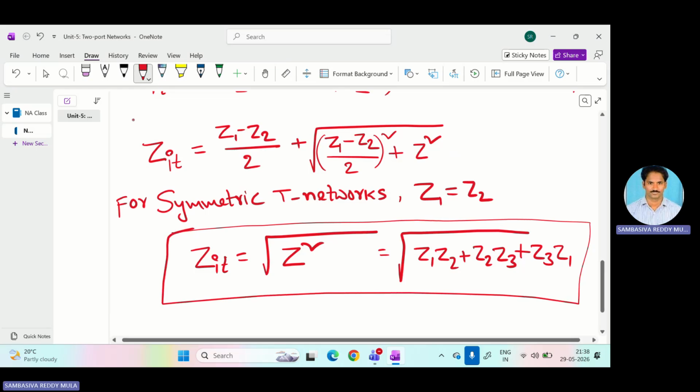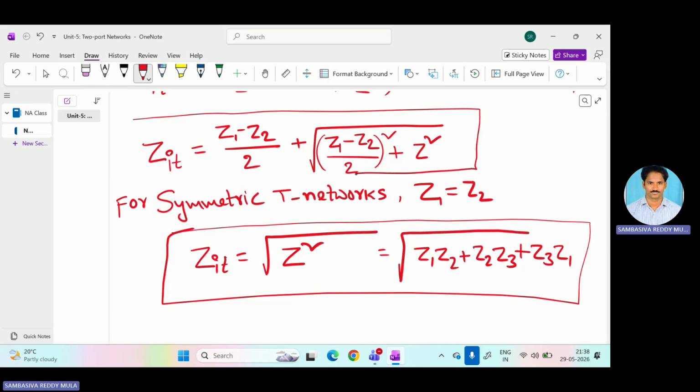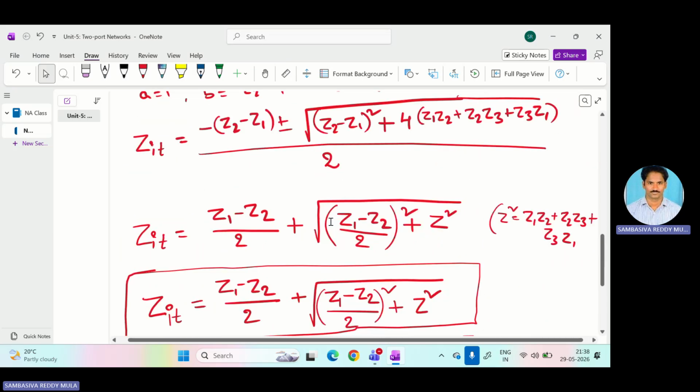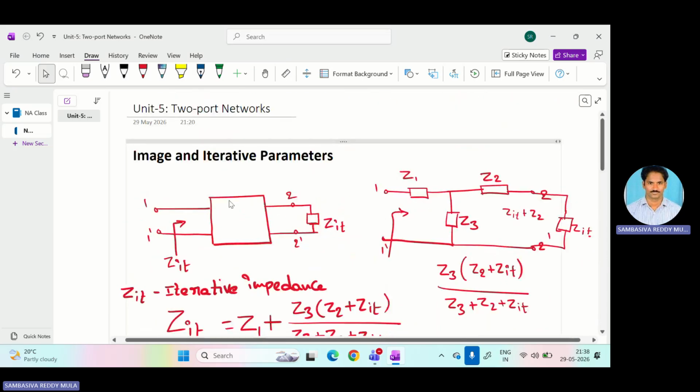This is the original expression for any two-port network, the iterative impedance of a general T network. So with symmetry, we get ZIT is square root of the product summation Z1 Z2 plus Z2 Z3 plus Z3 Z1. So this is the iterative impedance of a given two-port network.